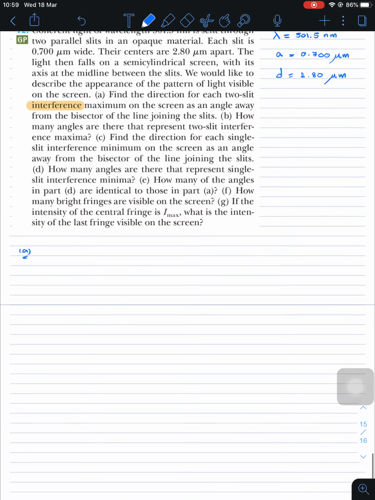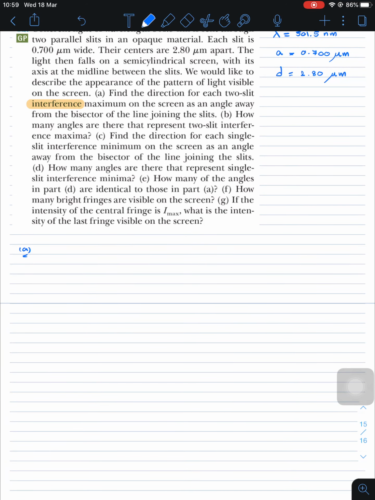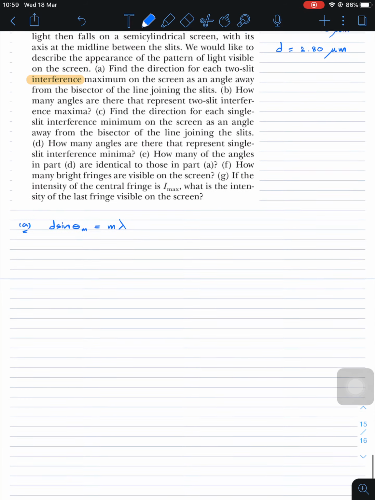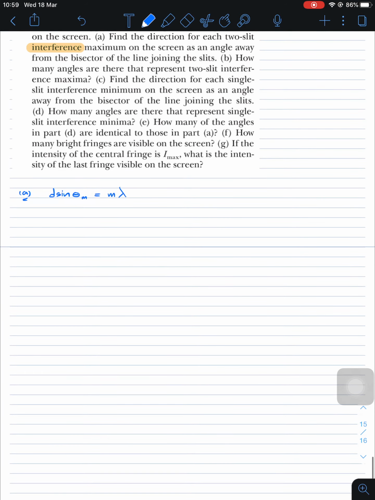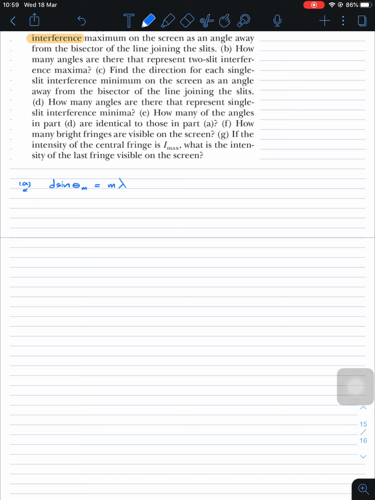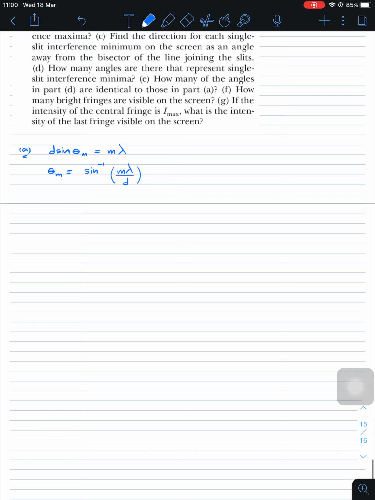We use the equation from Young's double slit: d sine theta m equals m times lambda. So theta m equals arcsine of m lambda over d.